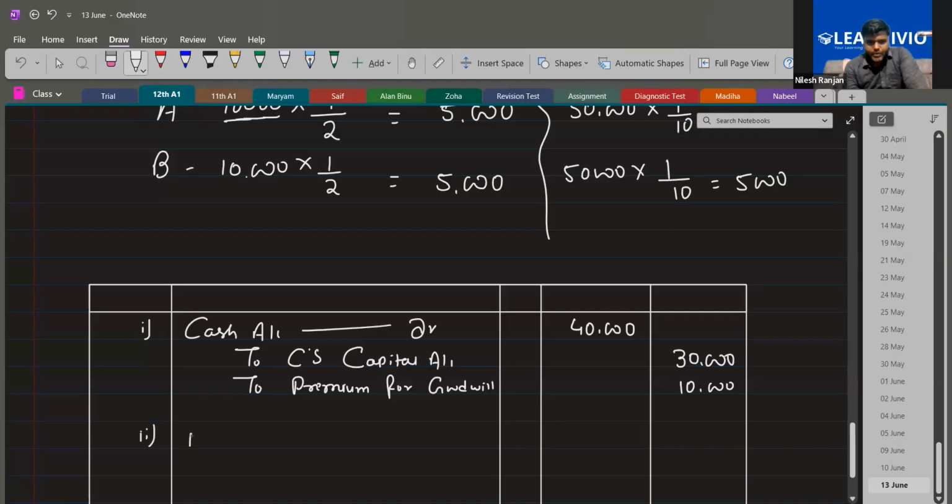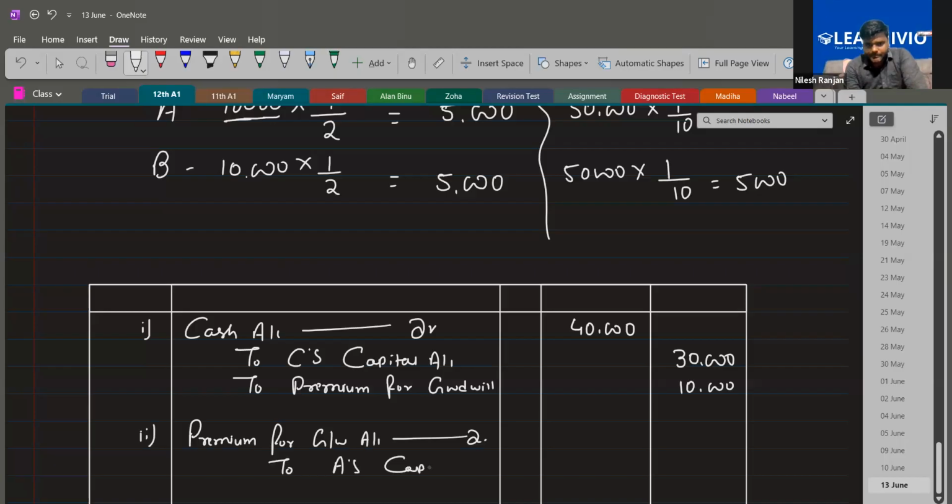So premium for goodwill account debit, to A capital, to B capital. So 10,000, 5,000, 5,000.